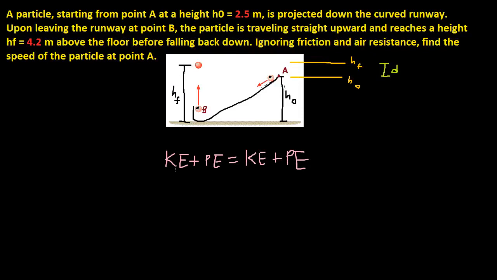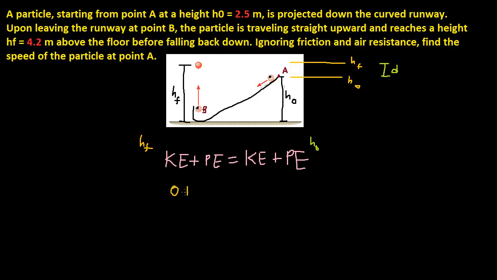This side is going to be the H final side, and this is going to be the H naught side. So what is our kinetic energy at H final? Well, it's 0 because it's not moving.